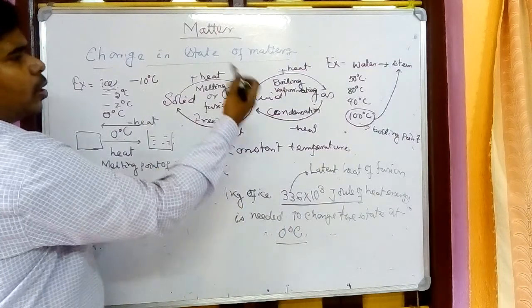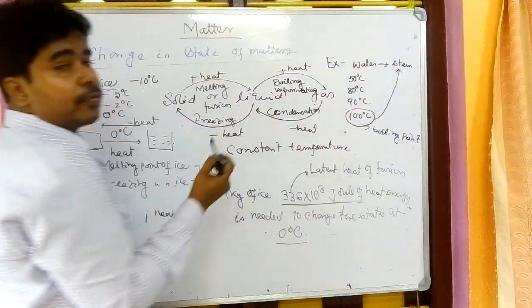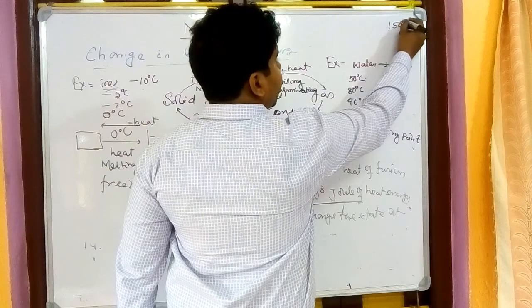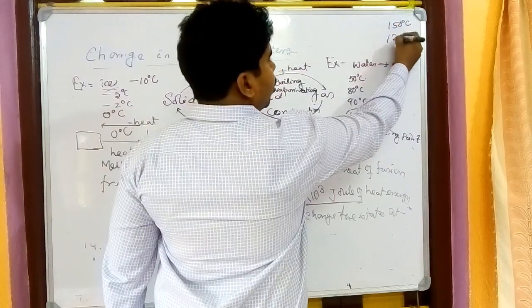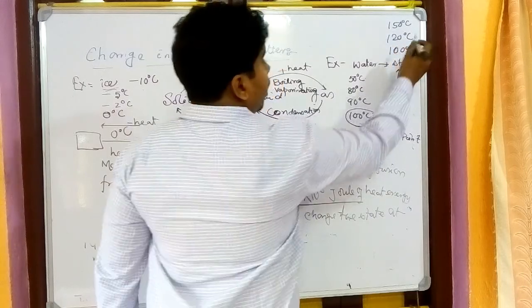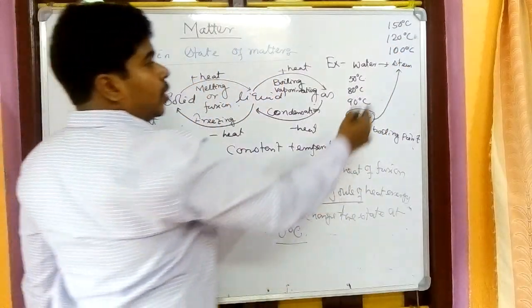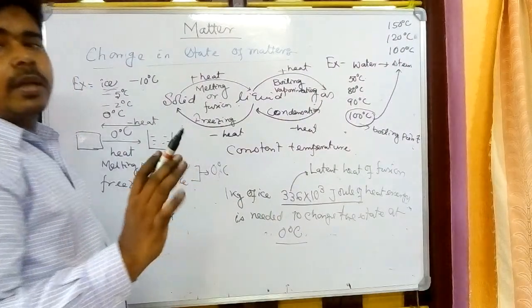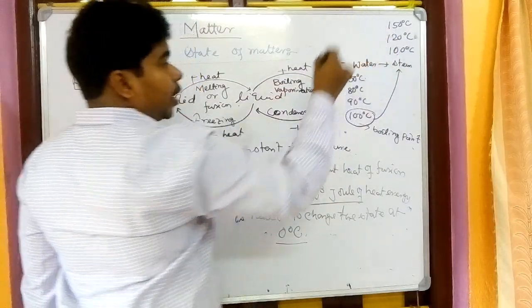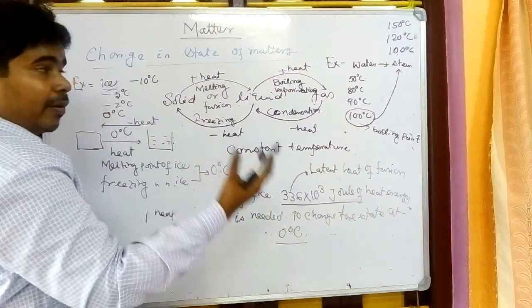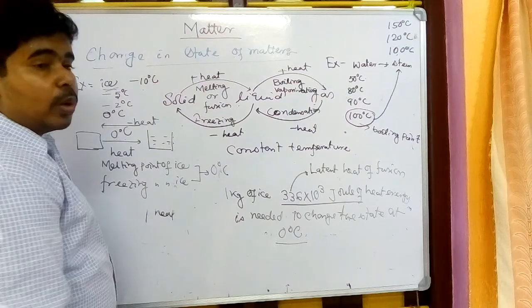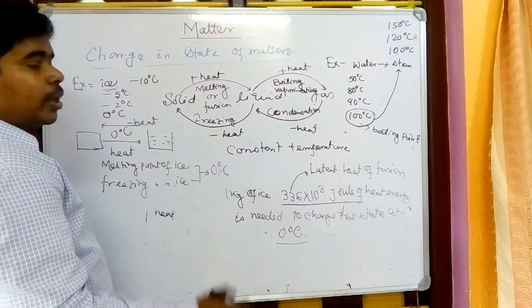In reverse order, if you take heat from steam, assume it is at 150 degrees centigrade, you take heat, it is 120, then 100 degrees centigrade. Now if you take more heat, the temperature of the steam will not decrease. It stays constant at 100 degrees centigrade, and the steam is converted into water, and that is the condensing point also.